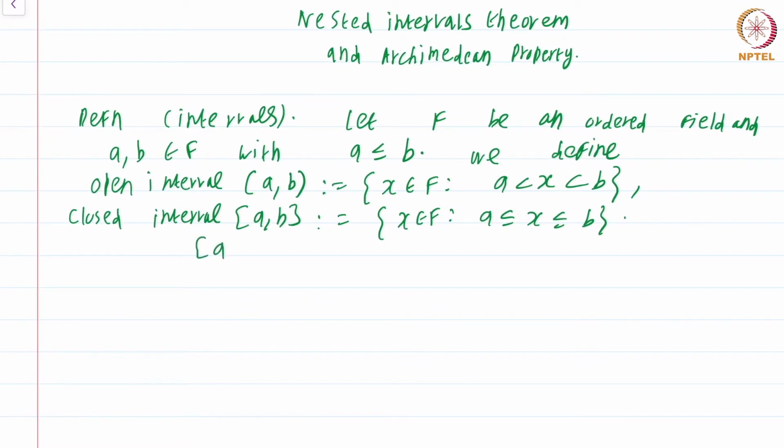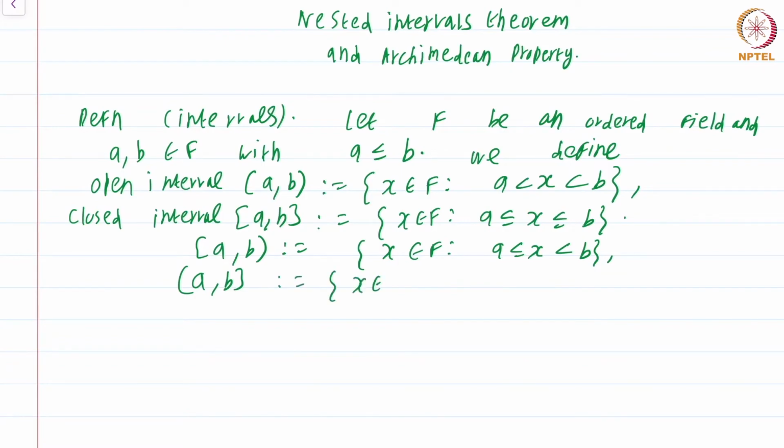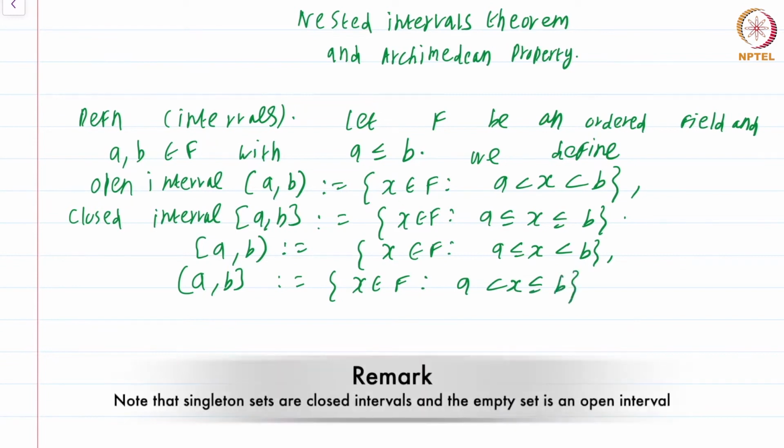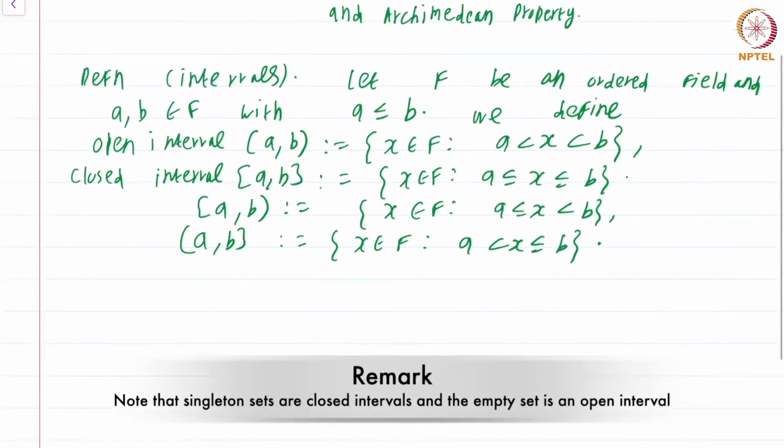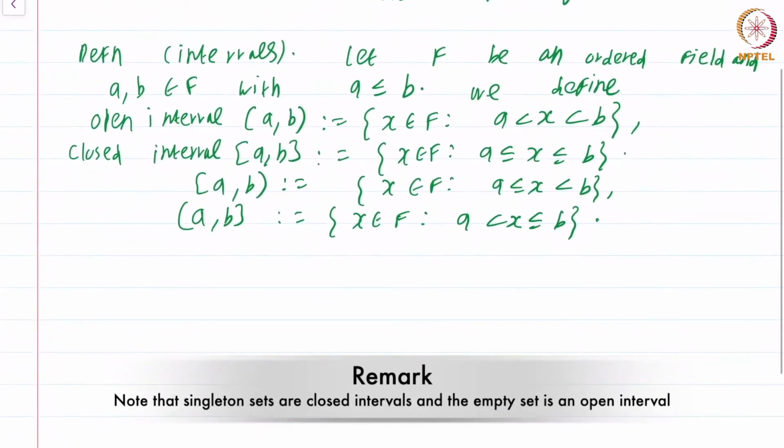Then we also have these half open half closed type intervals. This is just x in F such that a is less than or equal to x less than b, and the other is x in F such that a is less than x but less than or equal to b. So the first one is called the open interval, the second one is called the closed interval.